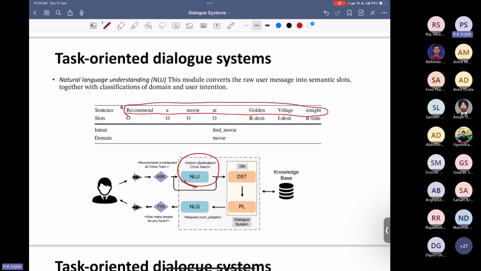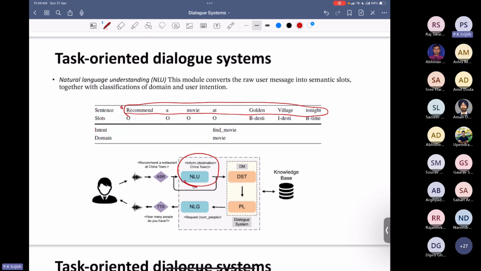Is it the entertainment domain? Is it food or restaurants? Or is it about politics, etc.? It has to understand the domain so that it can use the appropriate knowledge base while generating a response.